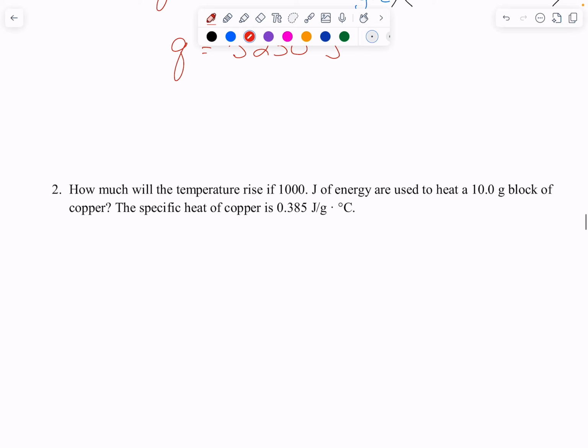Next up is how much will the temperature rise? So there's your question. How much will the temperature rise if 1,000 joules of energy are used to heat a 10-gram block of copper? It gives you the specific heat of copper is 0.385.